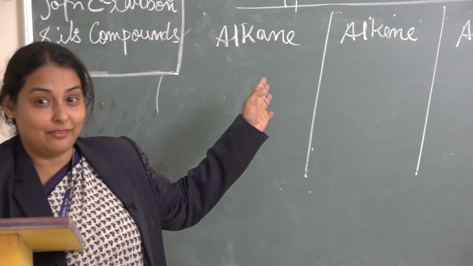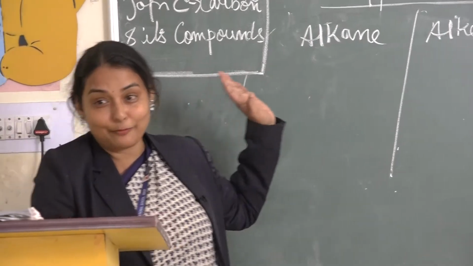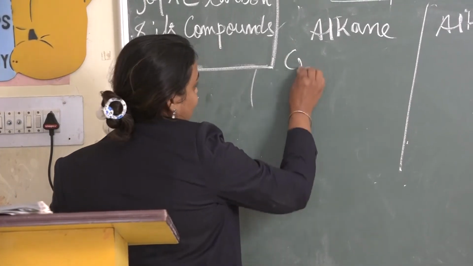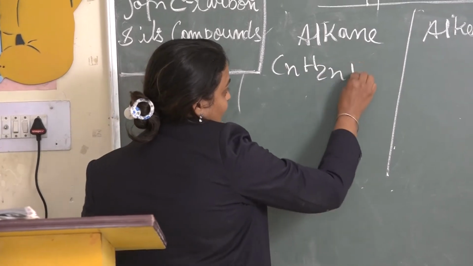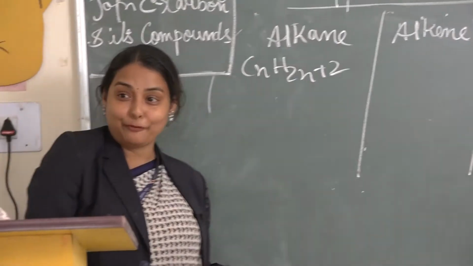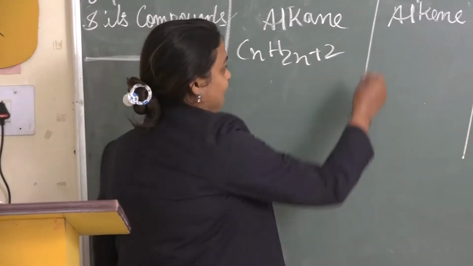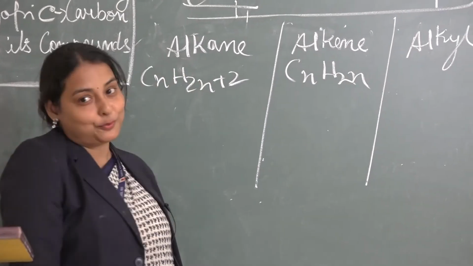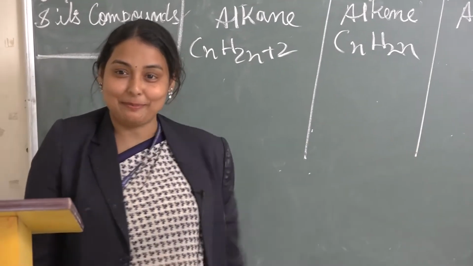Anyone can speak? What is the general formula of alkane? Just now I said it, very good. And alkene, any one of you? And alkyne, I hope you all know, CnH2n-2.